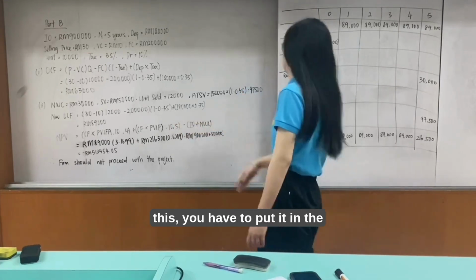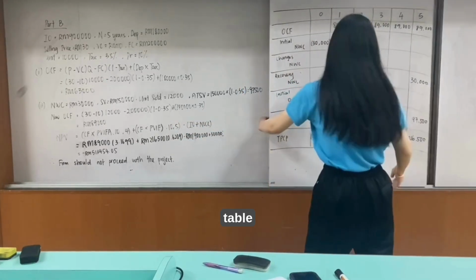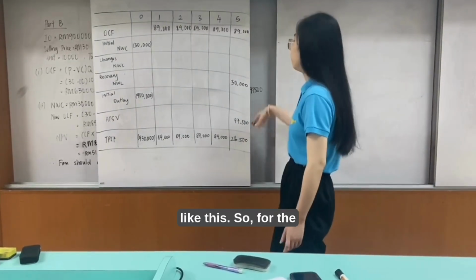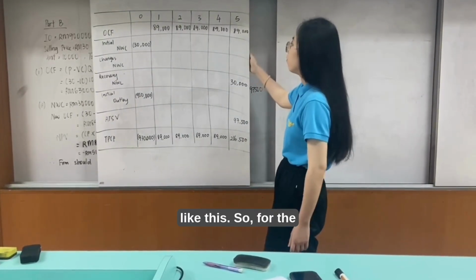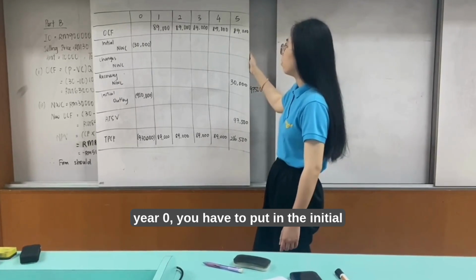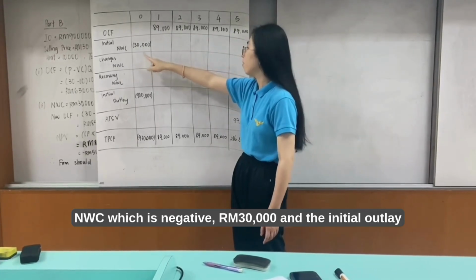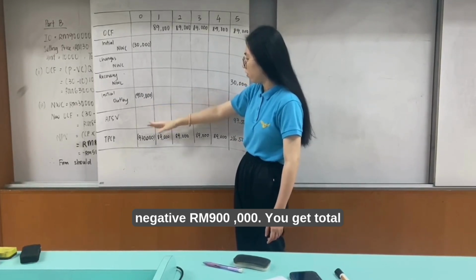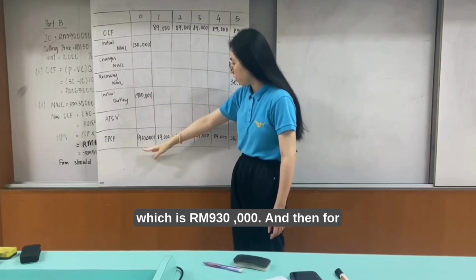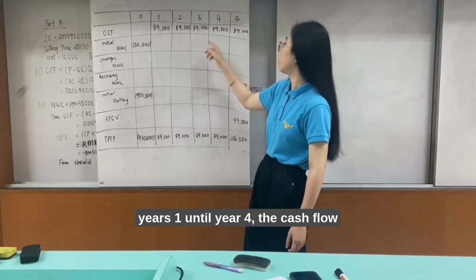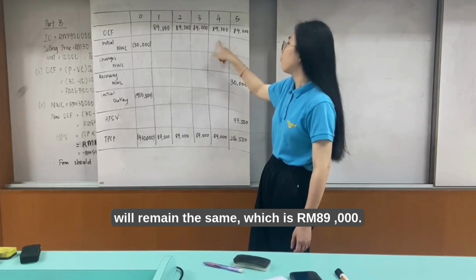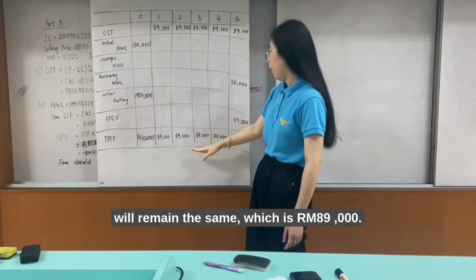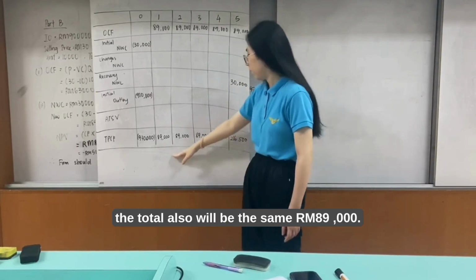After this, you have to put it in a table like this. For year 0, you put the NWC as negative 30,000 and the initial outlay as negative 900,000, so the total is 930,000. For year 1 until year 4, the cash flow remains the same at 89,000, and the total is also 89,000.